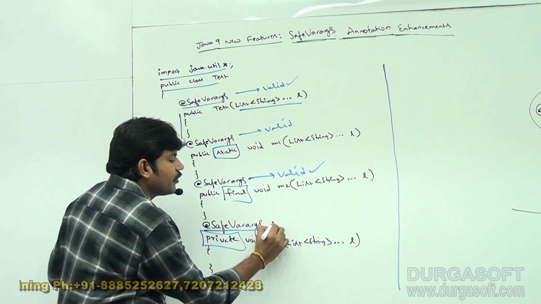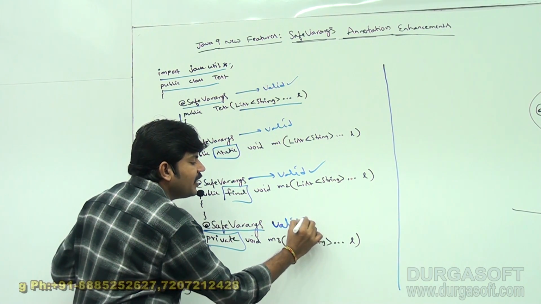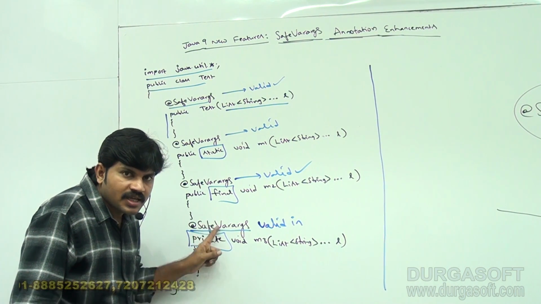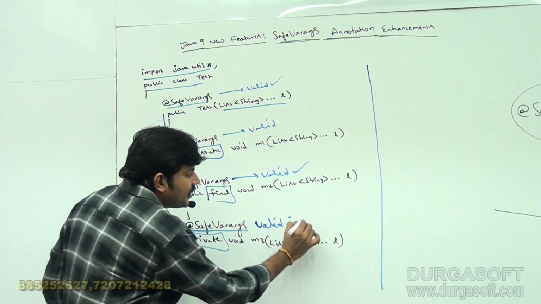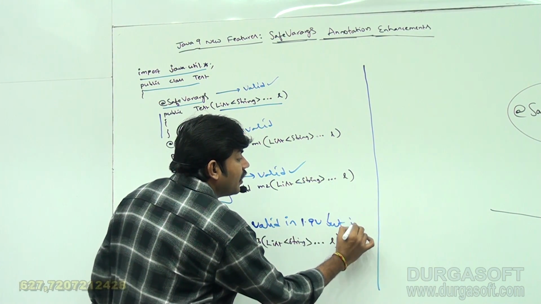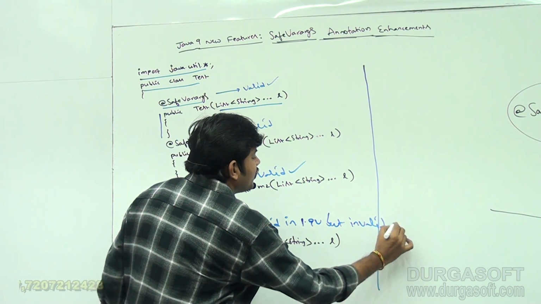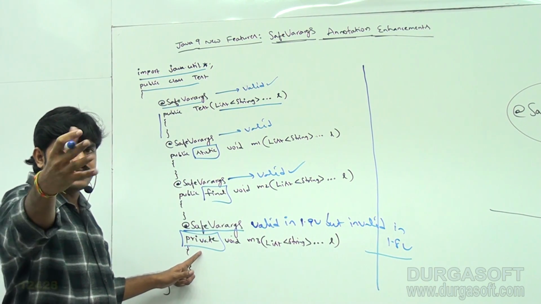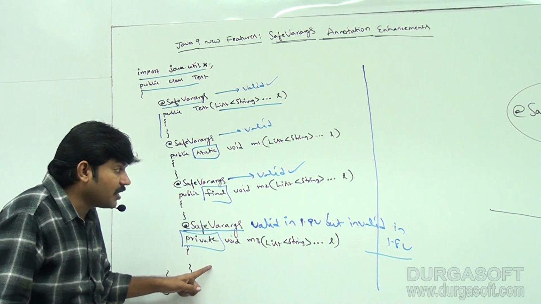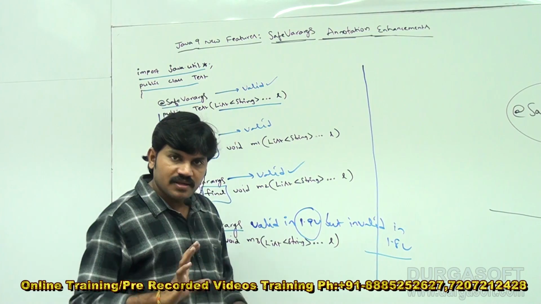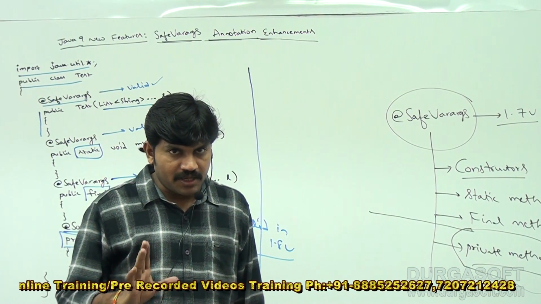So it is valid in which version? Valid in 1.9 version, but invalid in 1.8 version. This type of facility is not there in 1.8 version, but it is valid in 1.9 version. Clear for all of you?